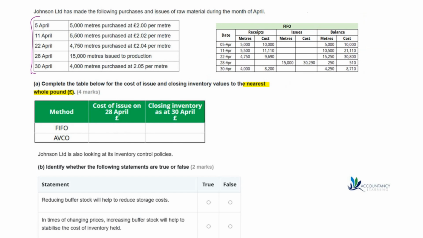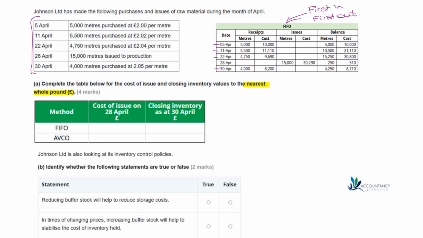And just as a reminder, FIFO is first in, first out. So you can see in the table I've put in all of the receipts here.